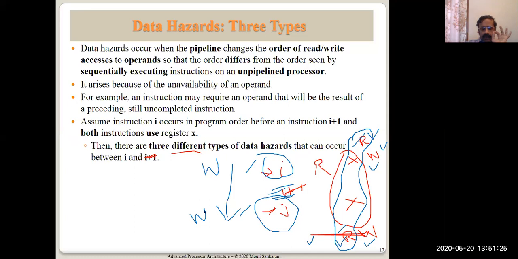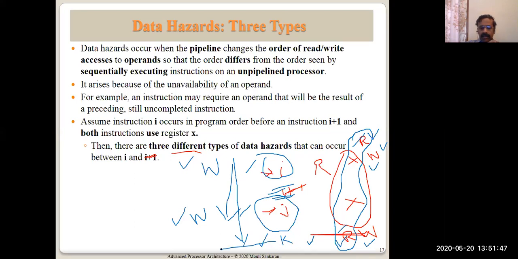Let me explain now itself. Suppose I, J, and then there is another instruction K which is coming next. As far as the program flow is concerned, instructions are supposed to run like this: writing of some value by I happens first, then J, and then this.